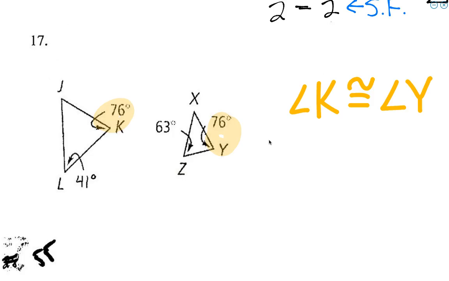So let's see what this third angle is. This third angle is going to be 180 minus 76 minus 41. And I'm hoping that that's 63. I don't want to assume that though, but it is.